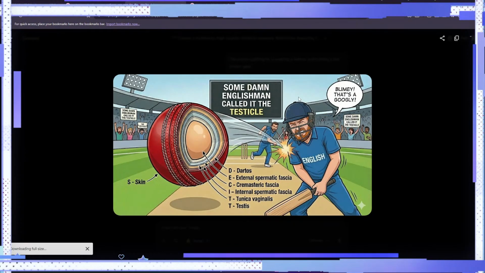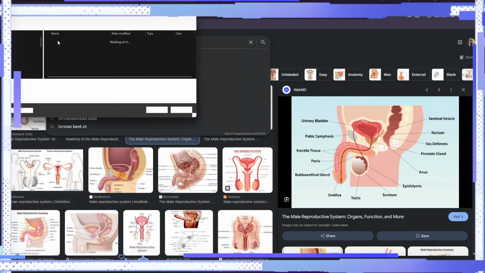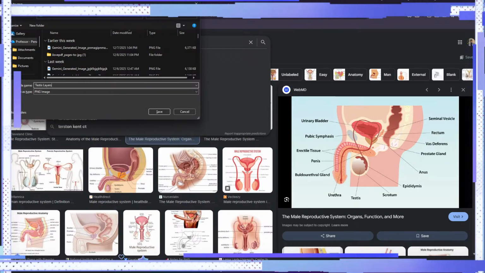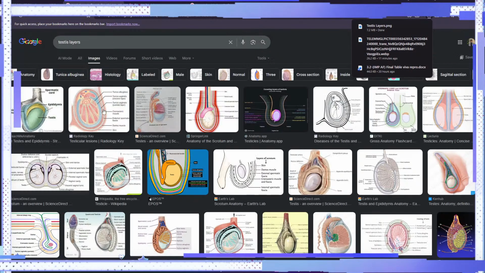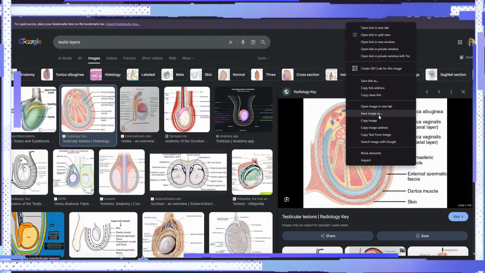It is. Let's see. What are the test kids there? This is just as good. Yeah, probably use this as well.